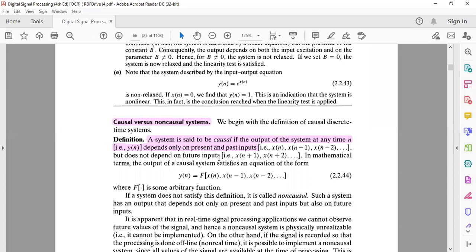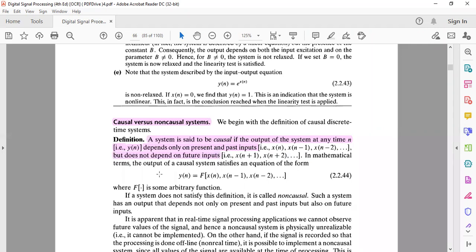So it can only depend on the present and past inputs, but not on future inputs.